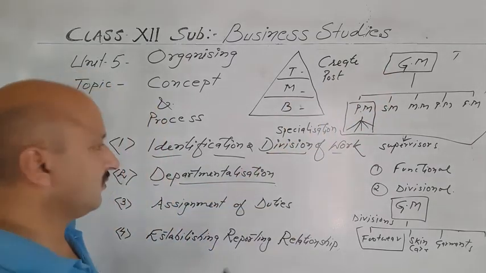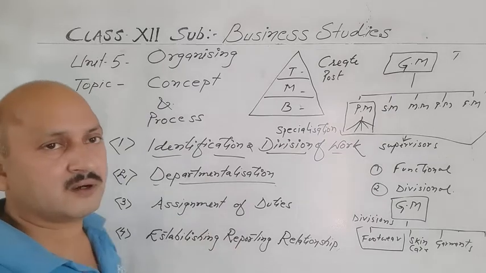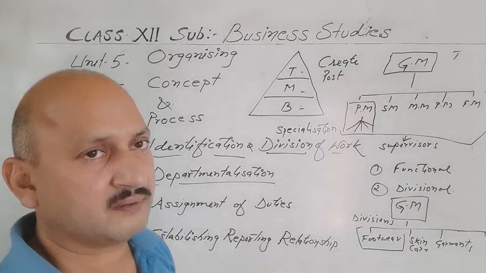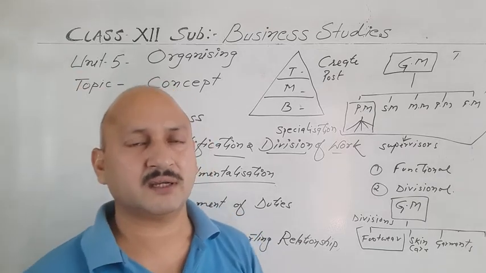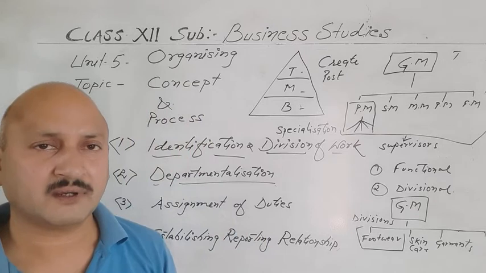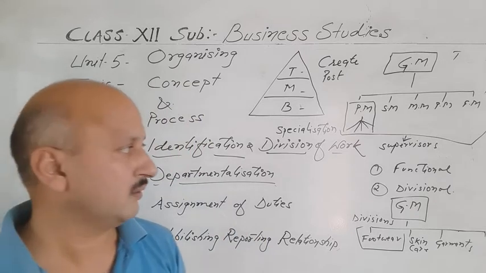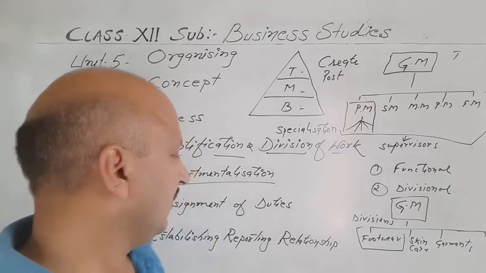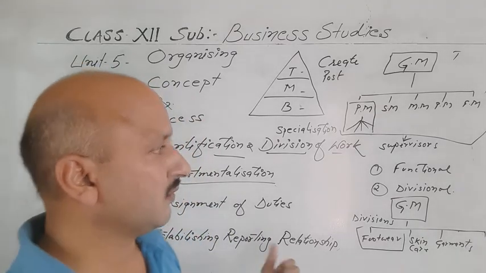So we have to tell the employees about the reporting relationship. But here the employees are not actually appointed. We will appoint the employees at the staffing stage, that is the next unit. So we prepare notes for each and every post, stating who will be reporting to whom.